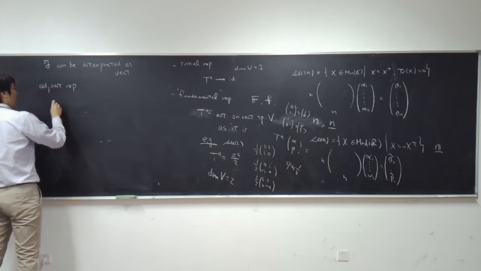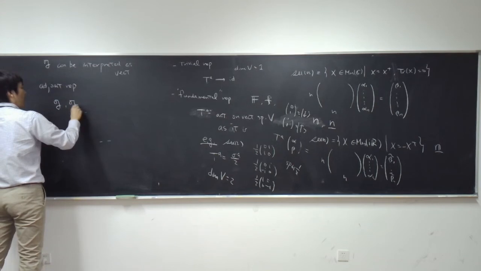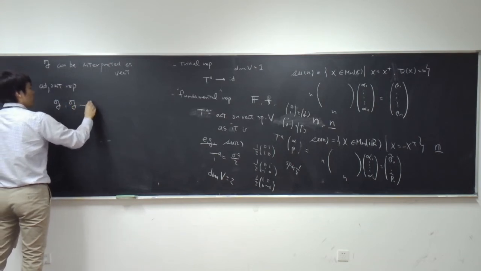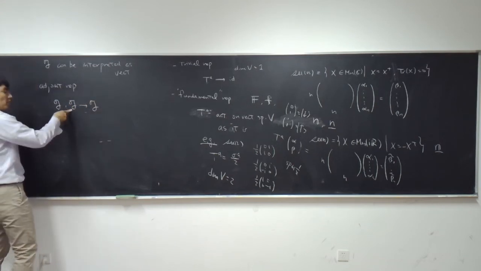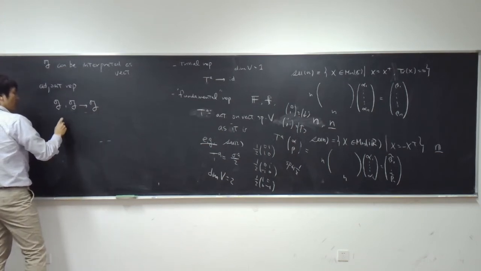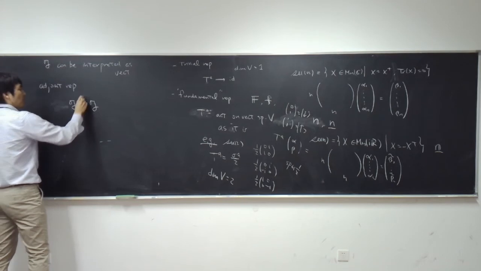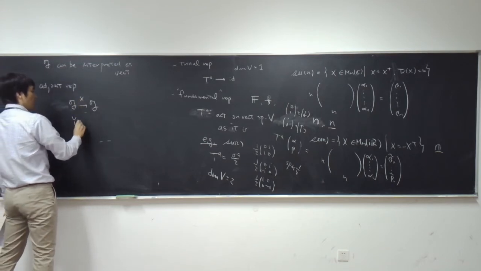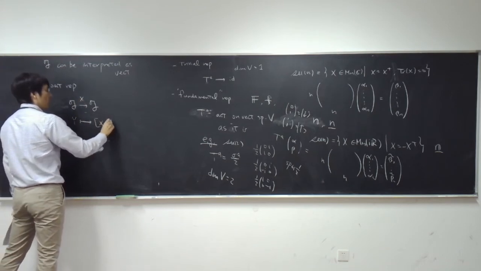Given a Lie algebra G, it acts G goes to G, so the vector space goes to the same vector space, by acting on Y as taken by [X, Y].